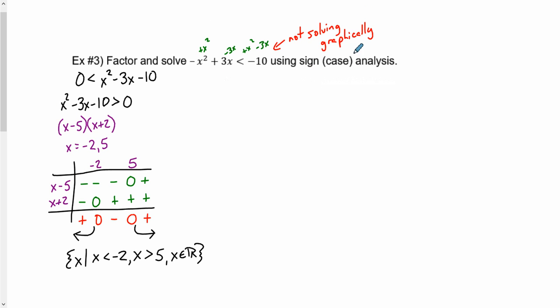I want to just make a note of what this is fully meaning. So we're not solving this graphically because technically, if we were, we don't have to write this down. But what this really means is saying we have two equations: y equals -x squared plus 3x, and y equals -10.